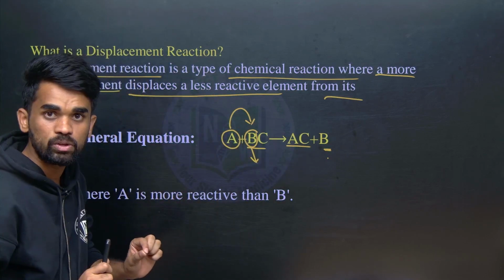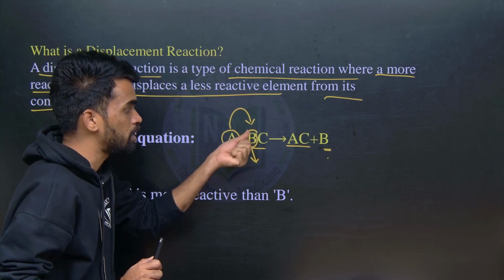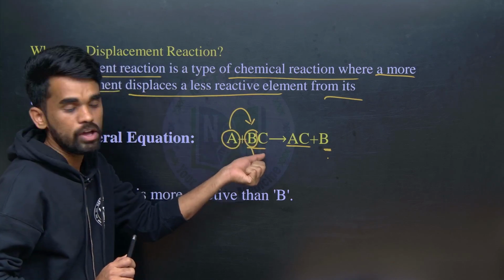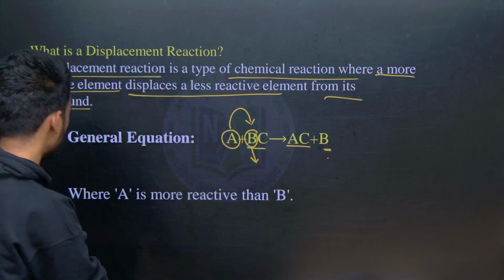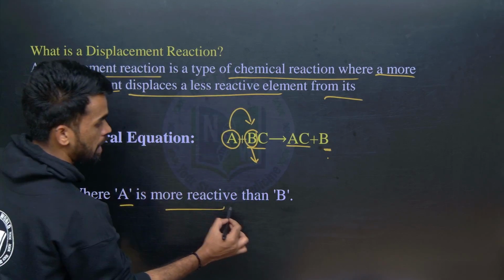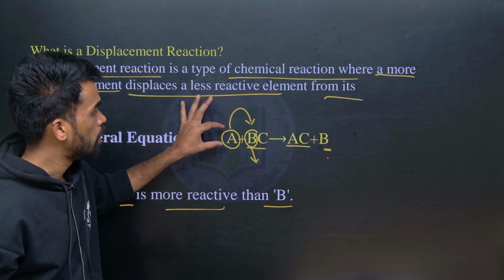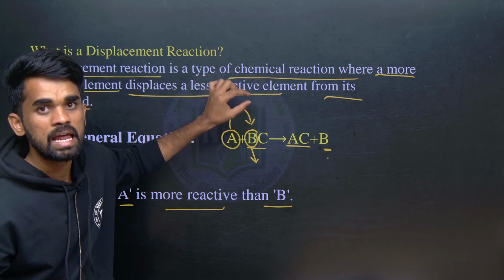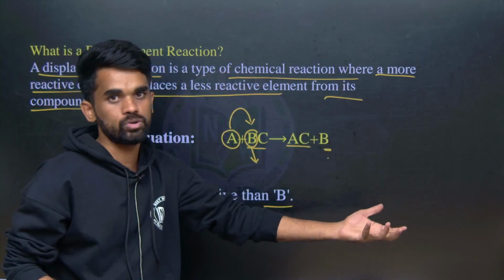Which is the more reactive element here? A is the more reactive element, displacing B from its compound. I hope it is clear. A is more reactive than B. So always remember, a more reactive element will displace a less reactive metal from its compounds.